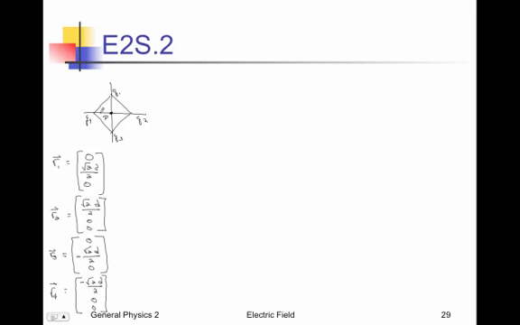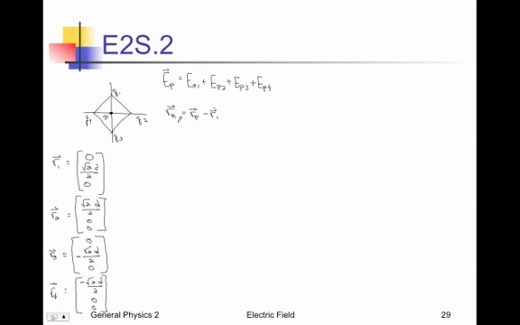Now if you want to calculate the electric field at P, so EP is equal to EP due to 1 plus EP due to 2 plus EP due to 3 plus EP due to 4. And so if I'm going to write the vector RP1, remember that's the vector RP minus R1.